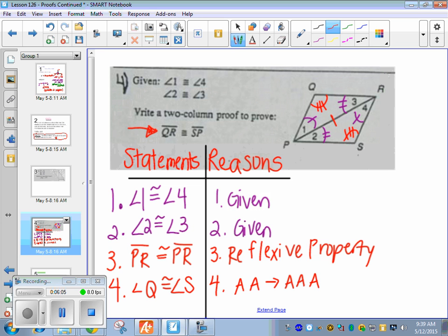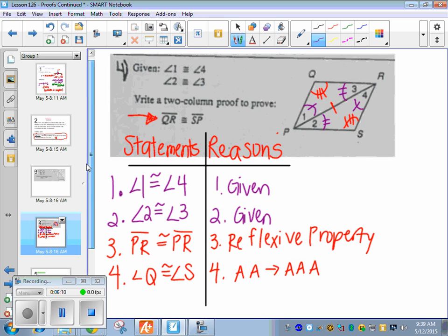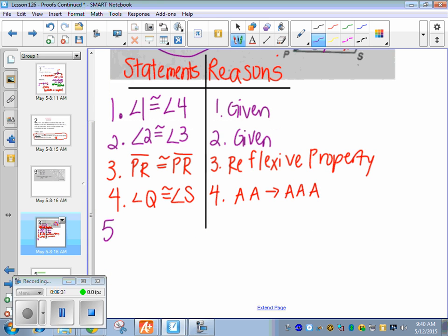Okay, now we have congruent triangles, so we have to state they're congruent. Now be careful, when you state congruent triangles, we used to just copy what it had here, but that isn't written this time. When you do congruent triangles, you have to go in the same order on both triangles. So if I start with PQR, I need to match up my angles on the other one. So if I go PQR, I have to go RSP. Okay, so triangle PQR is congruent to triangle RSP.